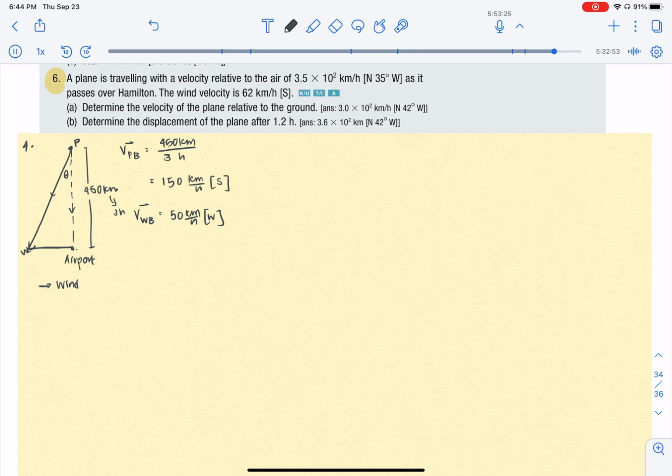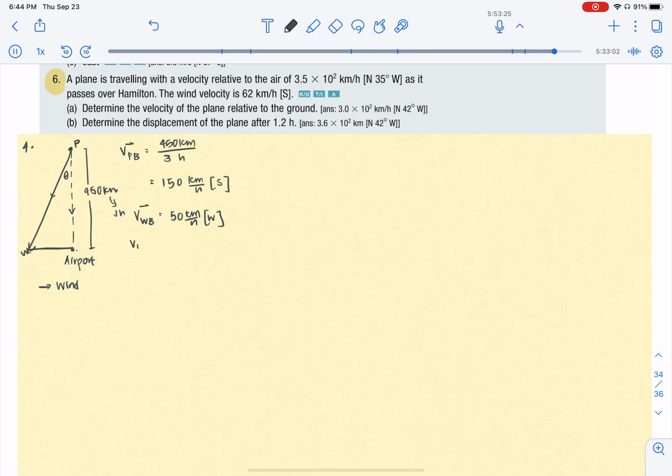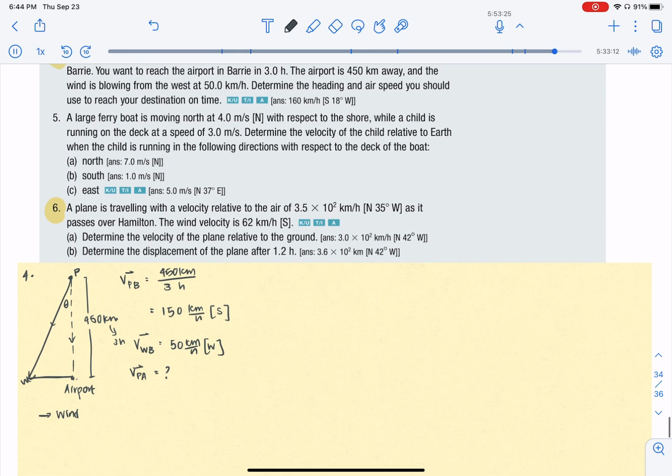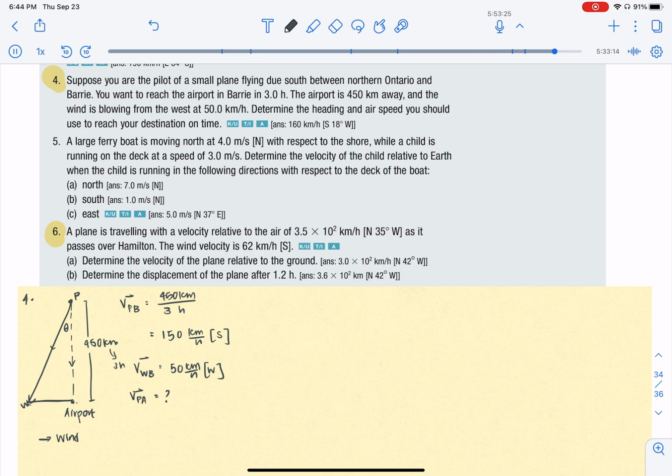And then we have two options for the triangles. We could do the blue triangle here, or we have the red triangle.